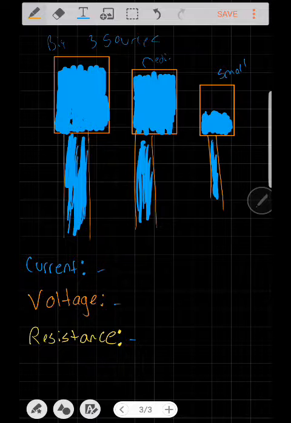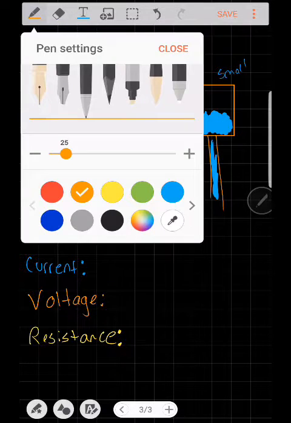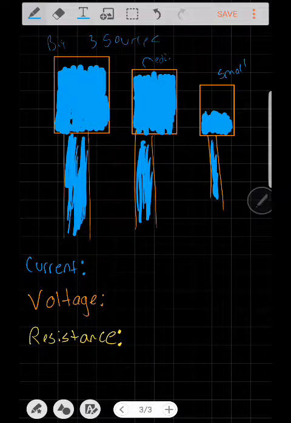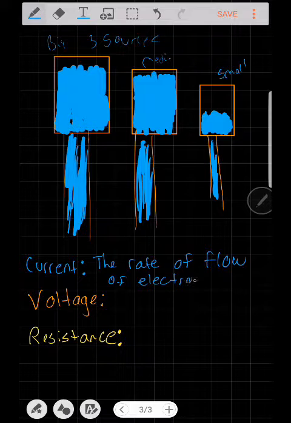Let me step back and say we understand current because we're used to dealing with water. But current in electricity, as we learned in the other videos, is the flow of electrons. So if electricity is the flow of electrons, then current is the rate of flow of electrons. It is measured in amps.